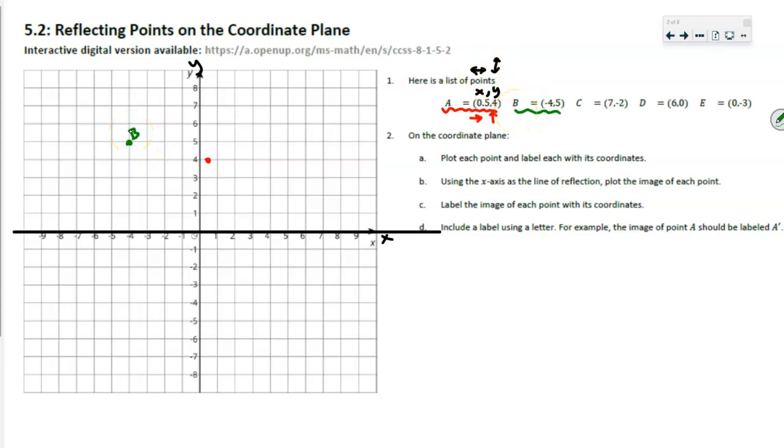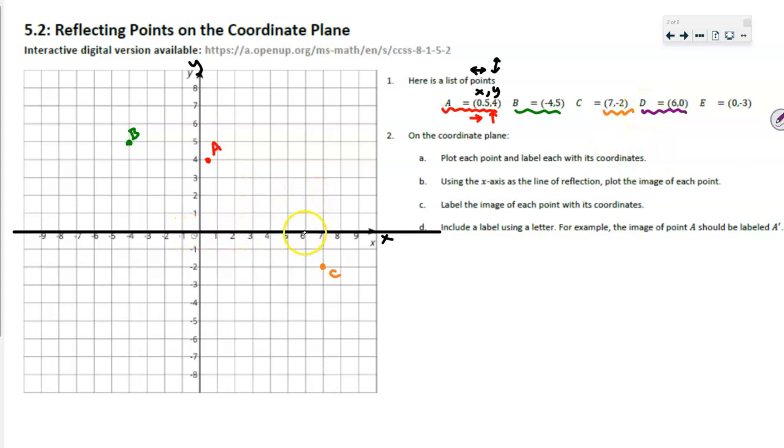I'm going to go ahead and label these as I graph them. I have A, I have B, here's C, 7, -2. That's a positive 7, so I'm going to go right 7, and -2 means I'm going to go down 2. Going up and down in the negative direction means I'm going down, and there is C. Here is point D, 6, 0.